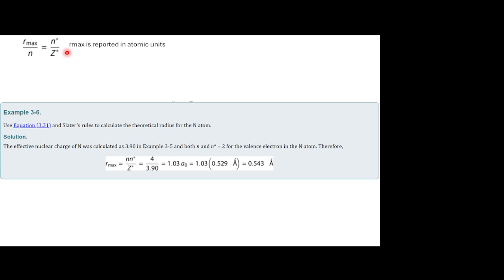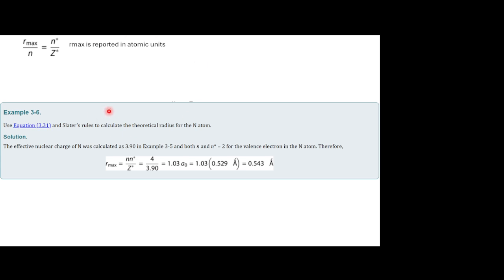And so what Rmax would be is N times N star, which is the effective one, divided by Z star, which is the effective nuclear charge on it. Let's go ahead and try that out real quick.